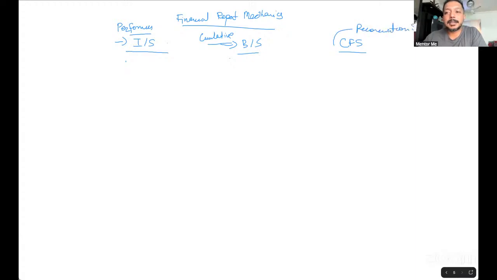Because the income statement and balance sheet both use accruals, that means they are not always about cash. That is why we are discussing revenue recognition.